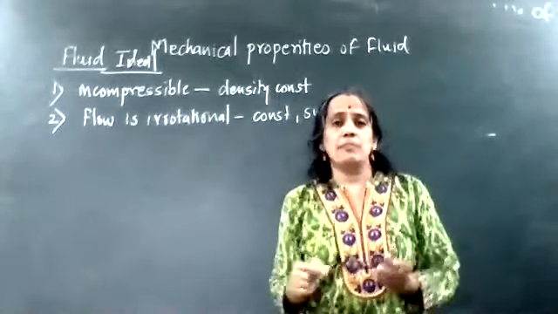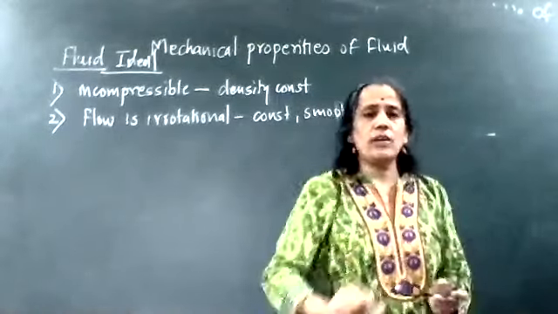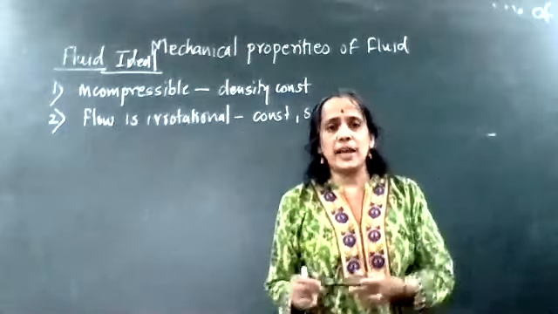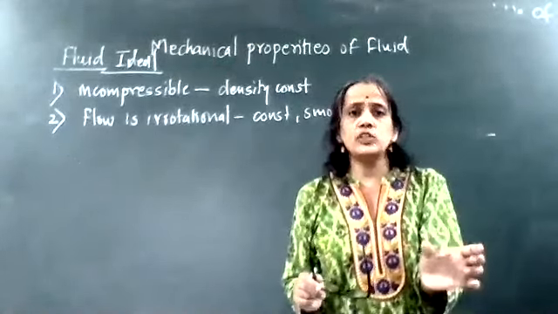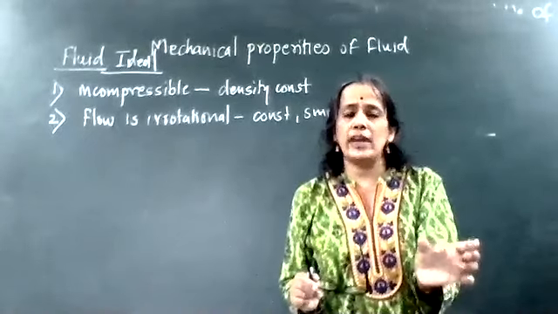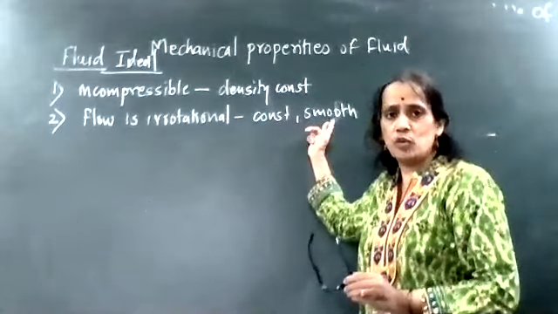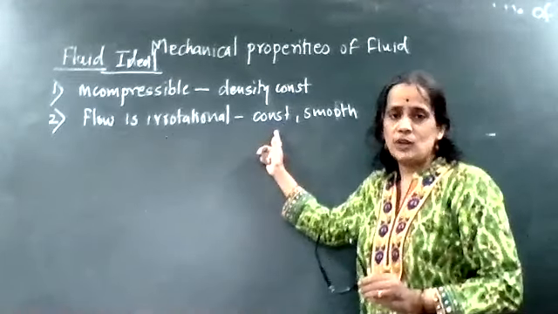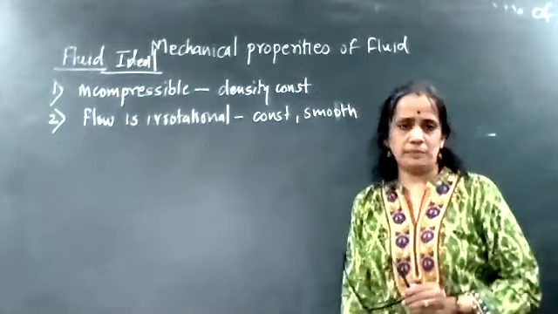I can give an example. If I take honey and pour the honey on a table, you see that the layer of honey will get uniformly distributed over a small region of area. Is it right? Means the flow is smooth, the flow is constant. So I can say that honey has a flow which is irrotational.